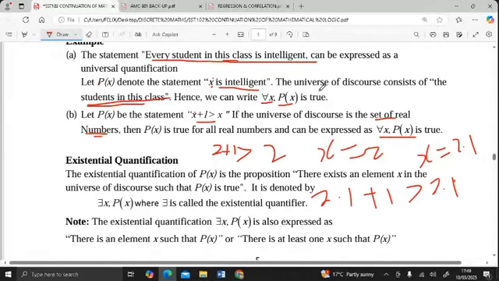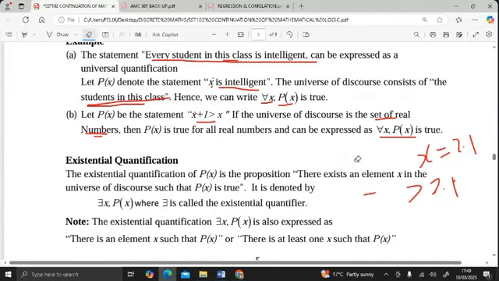Like 2 plus 1 is greater than 2, where x in that case is equal to 2. Even 2.1 plus 1 is always greater than 2.1, where x in that case is 2.1. So for every real number, whenever you increase it by 1, it will always be greater than that real number. And that is exactly what we say here: for every x, P(x) is true. Now, let's go to existential quantification and see the difference.